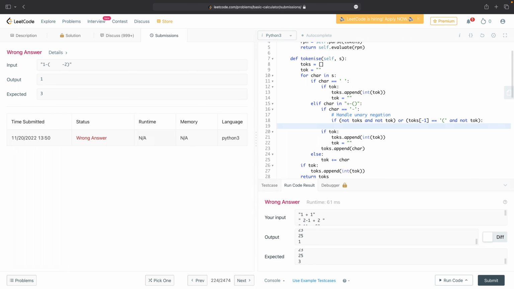These are the situations where what we actually want to do is tok plus equals car. I was about to produce a new operator, like a tilde or something for a unary negation, but we could actually just let the tokenizer turn it into an int correctly.